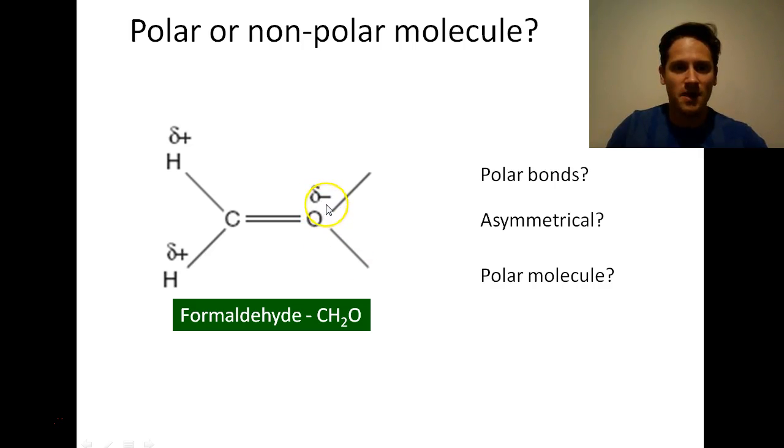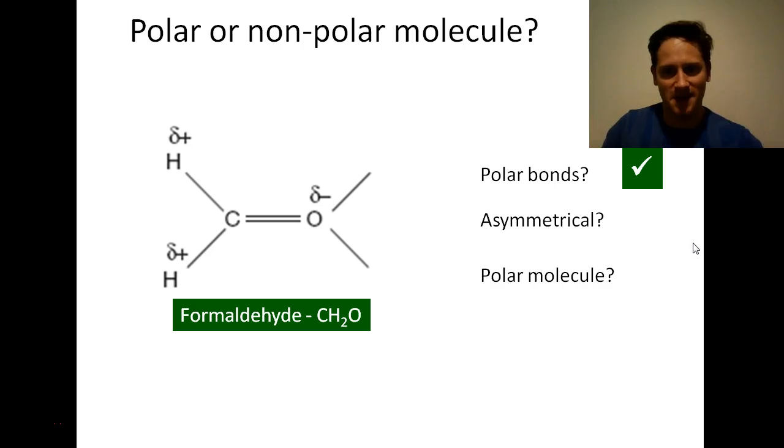We've got a delta minus on the oxygen, and we have a delta plus on the hydrogen. So there's a polar bond between the carbon and the oxygen, and a polar bond between the carbon and the hydrogen. It's actually considered non-polar here, but we'll discuss that in a later lesson. So we're just going to say polar bonds yes for now.